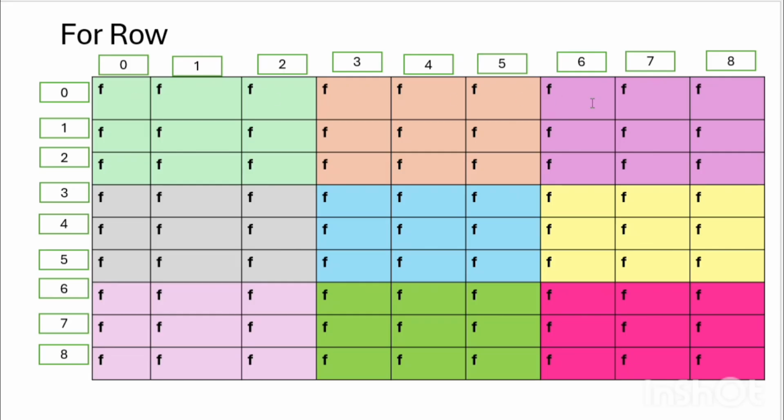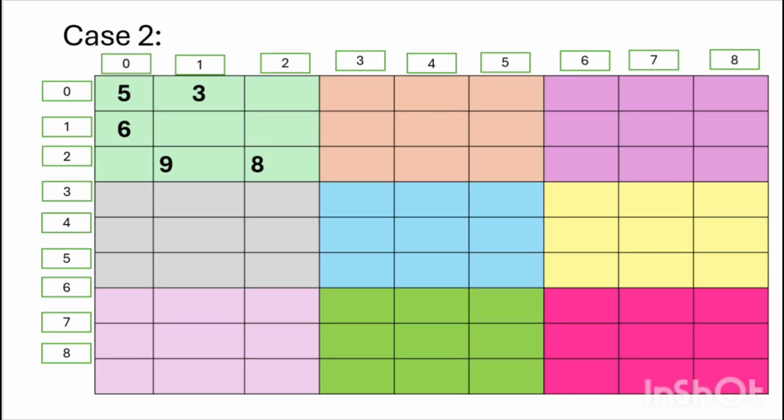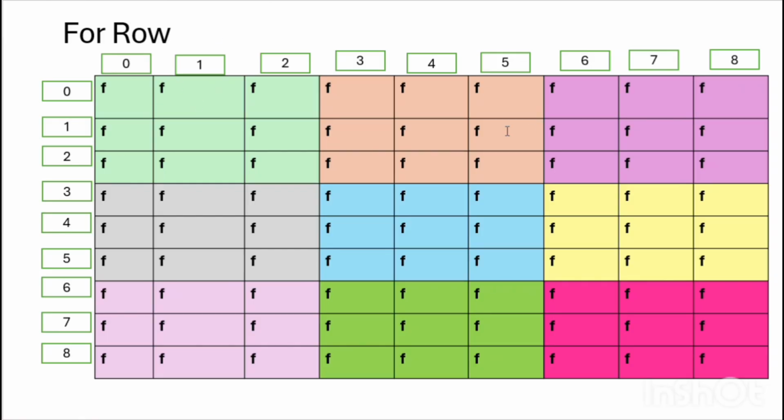Initially all nodes are unvisited, so we are going to do it for 5. We are going to update the row wise tracking flag for 5. This is to track row, this is for column, and this is for box. Initially everything is filled with the boolean default value, which is false.